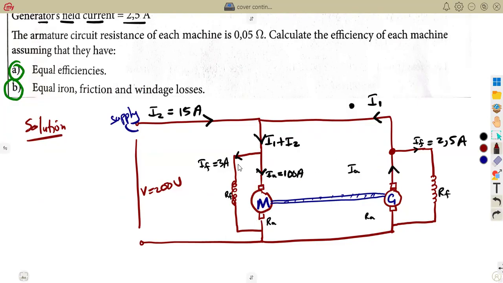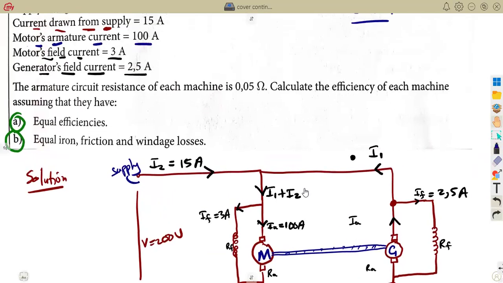For equal efficiencies, let's say they give you the information directly. Sometimes there is no need for a diagram, unless you're going to talk about the formulas, you see that they need the currents. You're going to need I1 and I1 plus I2. So still the diagram is needed. So this is just a simple diagram, guys. Know your diagram, the flow of currents, then fill in your diagram before attempting your questions.